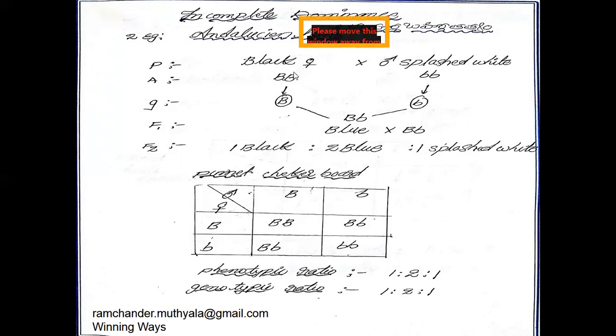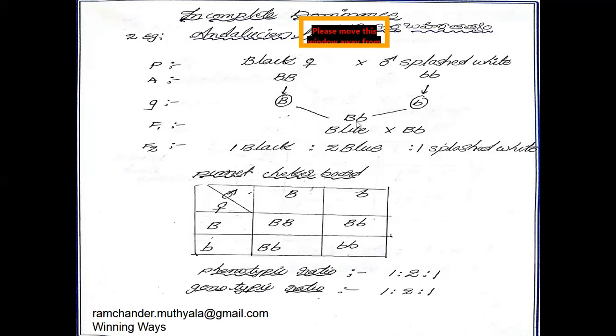The black color fowl contain capital B alleles of the gene, and splashed white fowl contain small b alleles. These produce two different gametes: capital B gametes from one, and small b gametes from the other. These fuse to form the F1 generation.